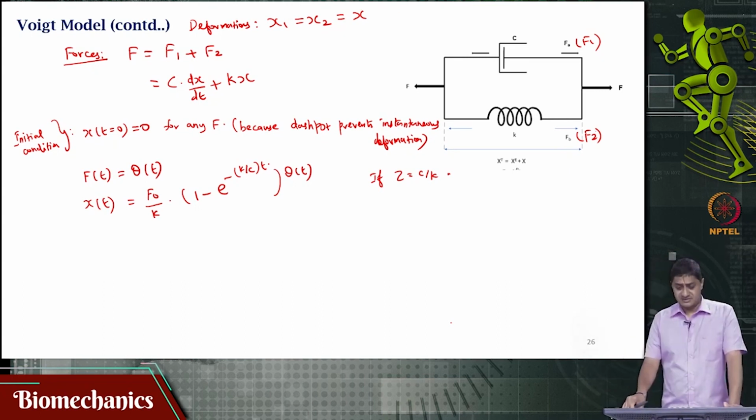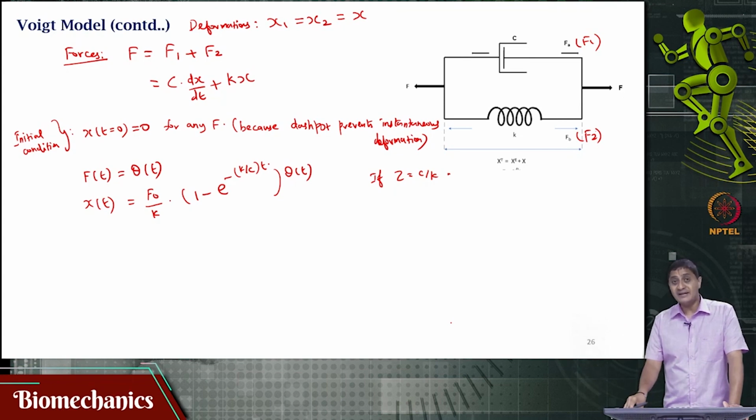This is the creep function for an applied force which is the Heaviside step function. If you have a step increase in force or stress, the deformation or strain increases exponentially, with time constant tau, where tau is c by k.